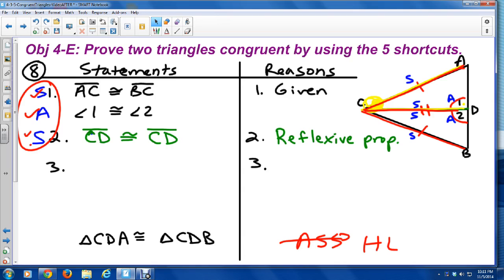I'm going to take you through a few of the theorems from chapter 2 that you maybe forgot or never learned. What I'm going to do is I'm going to say that since 1 and 2 are congruent, I'm going to make the jump and say that I know that CD is perpendicular to AB.